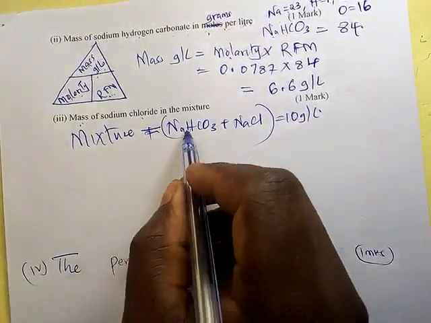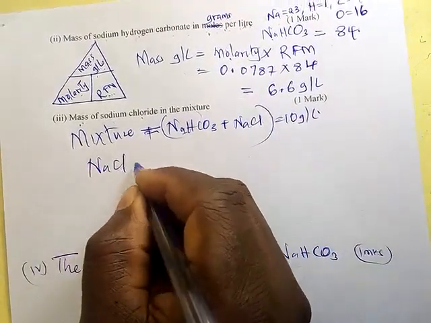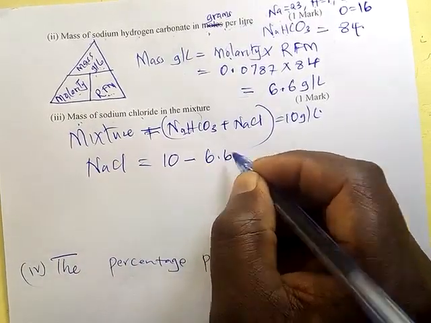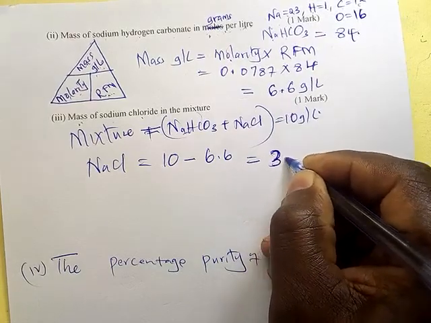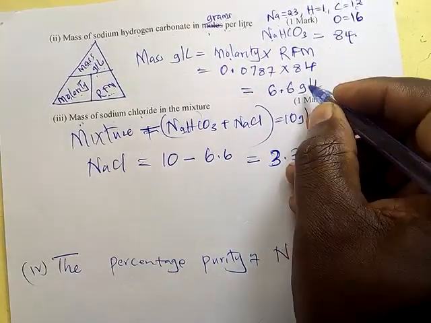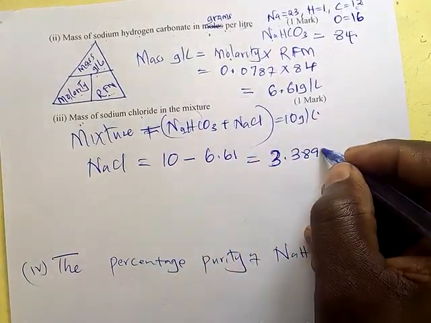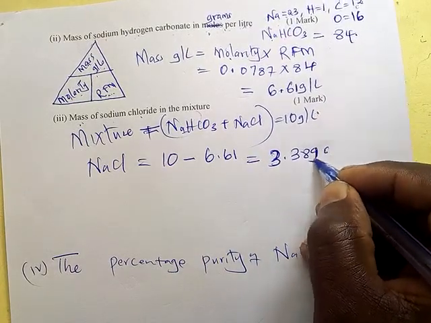We have the mass here, therefore sodium chloride only is equal to 10 minus 6.61, which is equal to 3.39 grams.